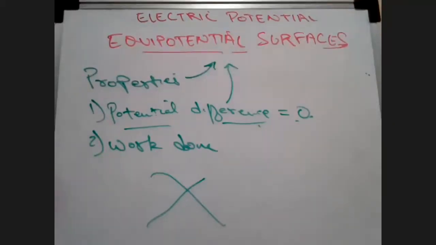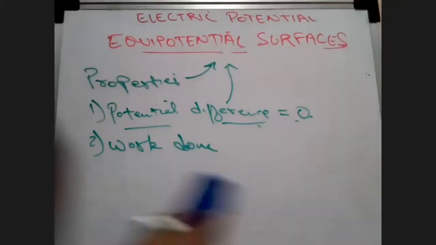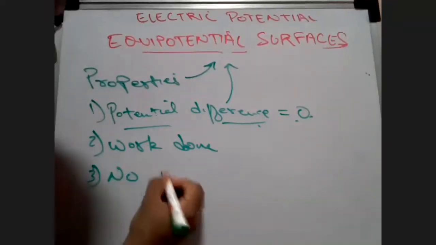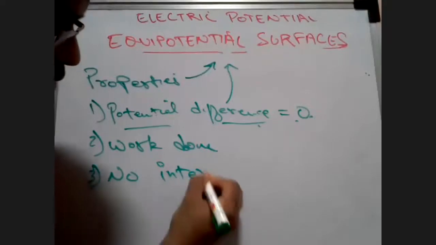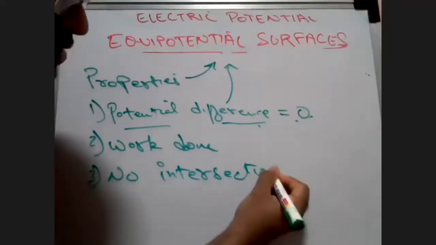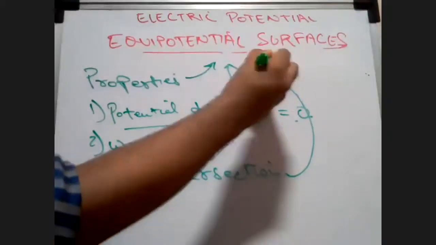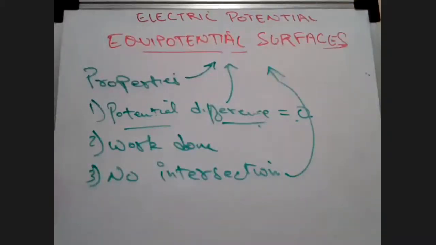They never intersect each other. Okay, that should be clear. So the third point: there is no intersection of equipotential surfaces.